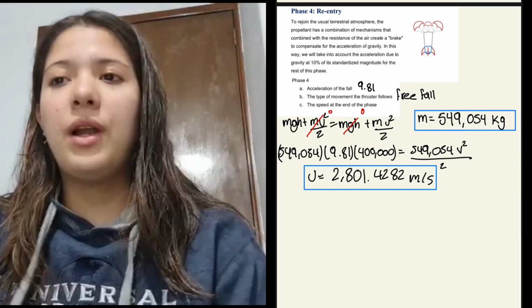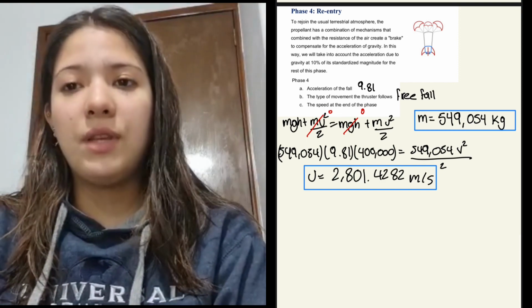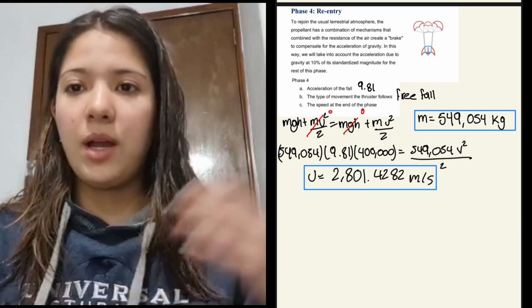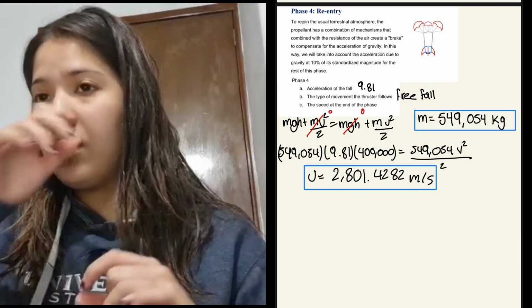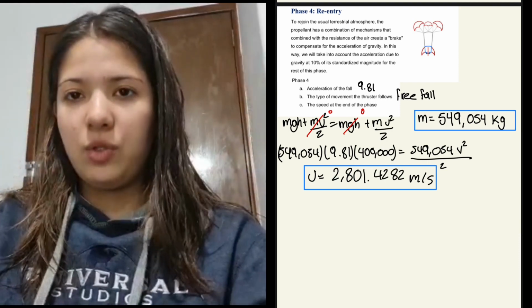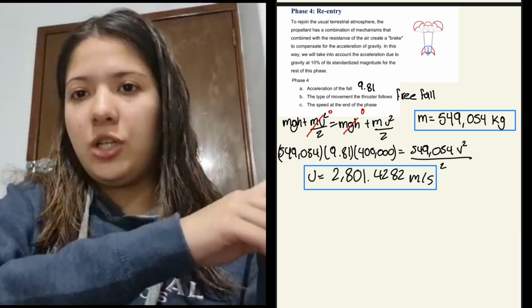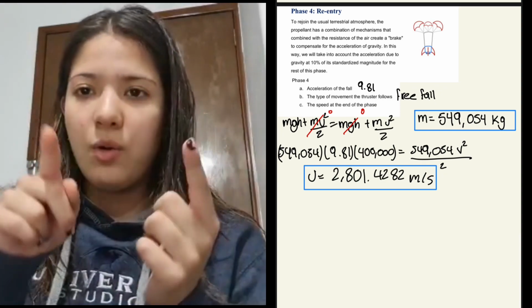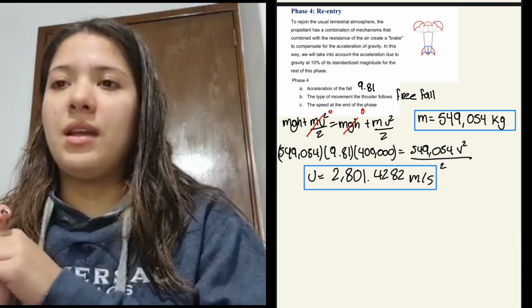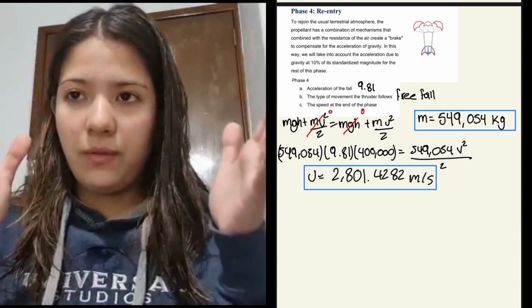And lastly, we're asked the speed at the end of this phase, and we calculated this through mechanical energies. So we used the formula of mechanical energy, which will be potential energy plus kinetic energy, and that equals the other mechanical energy. And we basically canceled in the whole formula.